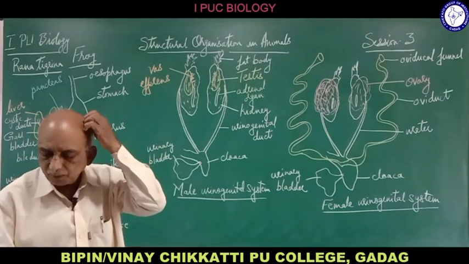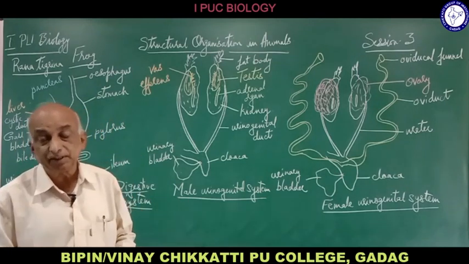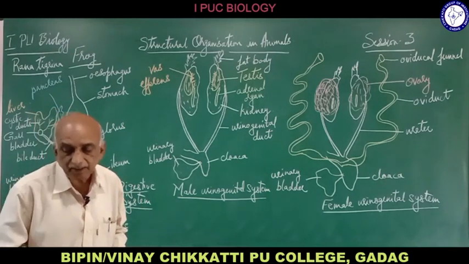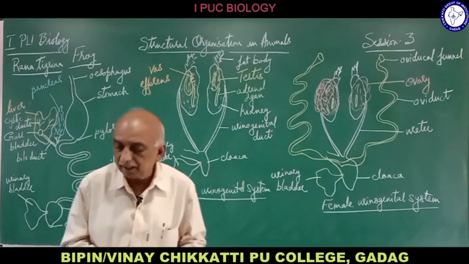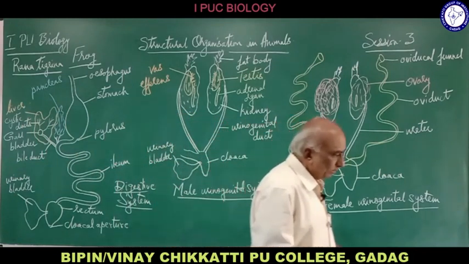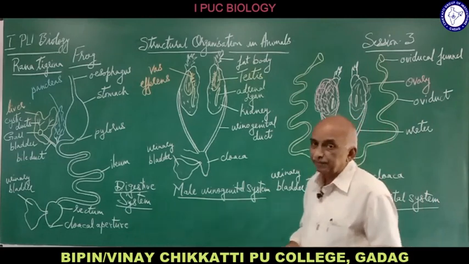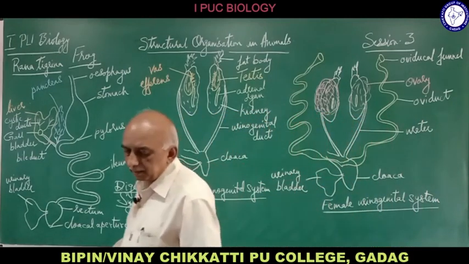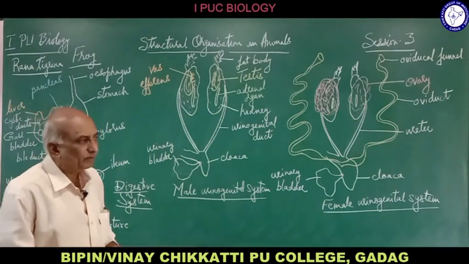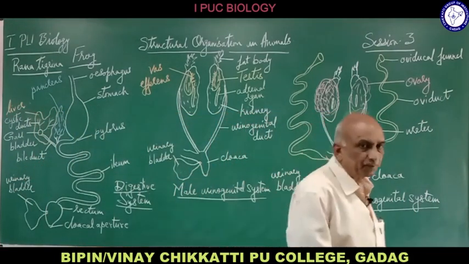Now there is one more system called the lymphatic system associated with this. The lymphatic system consists of the lymph channels and the lymph nodes. Lymph is a fluid almost like blood but without RBC and a few proteins. Usually in blood we have RBC, WBC, platelets and various types of proteins.